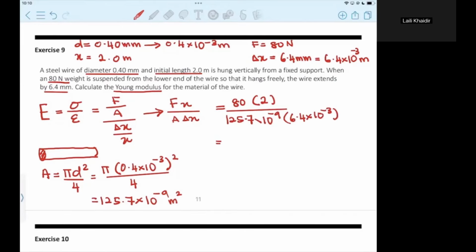Solve with your calculator. The calculation will lead you to the correct answer of 2 times 10 to the power of 11 Pascal. That is exercise 9.